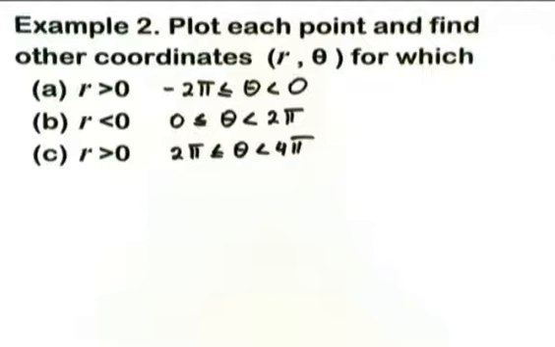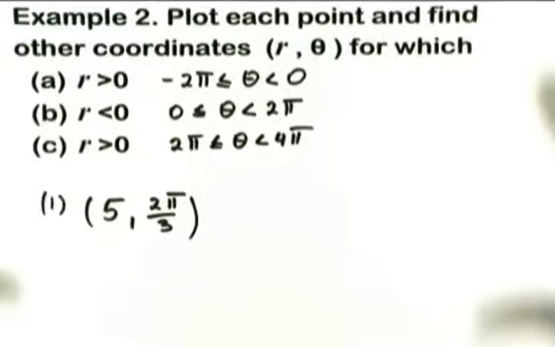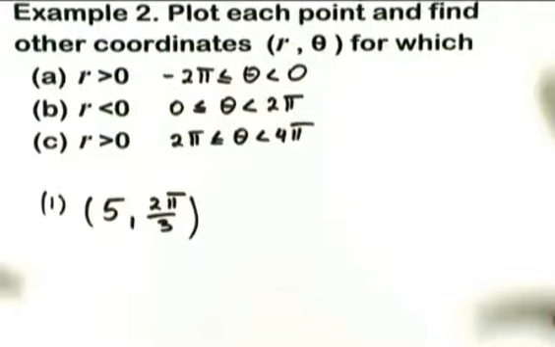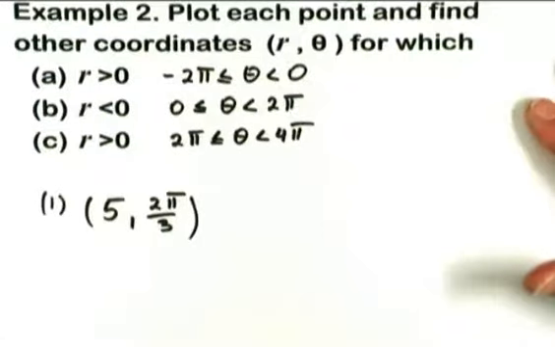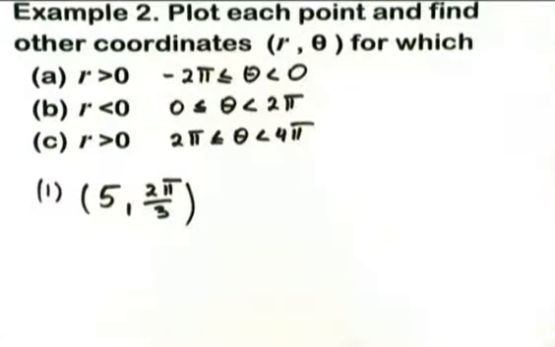And we have the first example. We have the first point that has coordinates 5 and the angle 2 pi over 3. So let's draw the point.